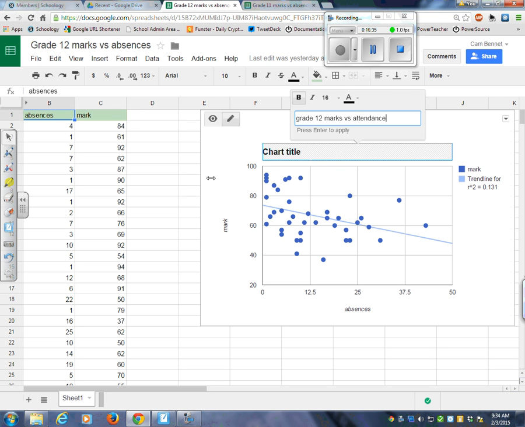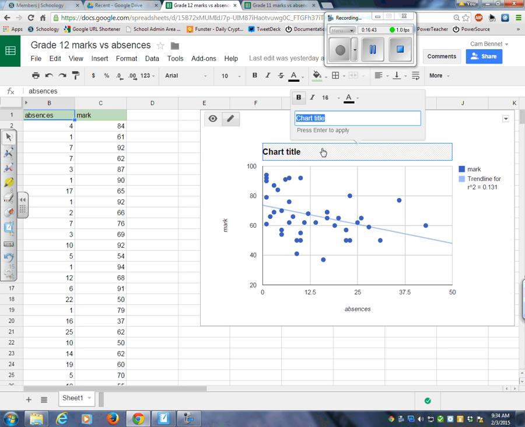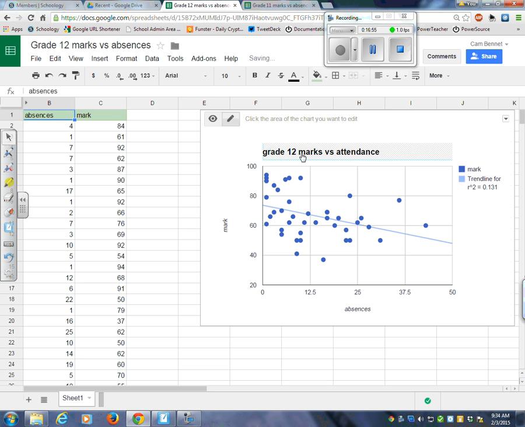Now, why didn't it do it? Did I not press enter? Press enter to apply. Yay. When it says marks versus attendance, the first thing is the Y versus the second thing, which is the X. Okay, so it's always Y versus X.